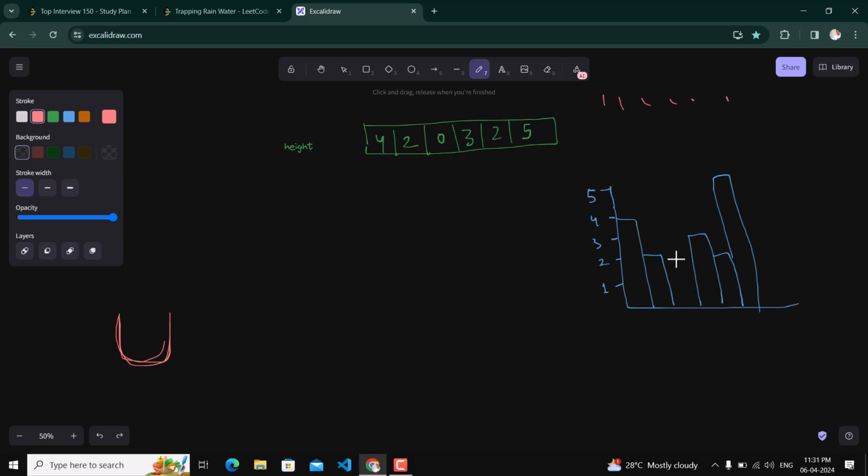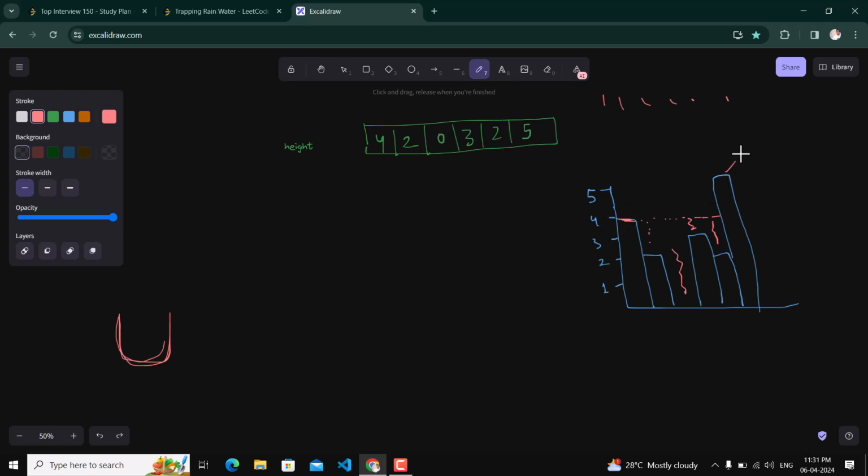So how much water can we have here? Water can be accumulated here, here, here and here also. The maximum height up to which we can accumulate water is 4, because after 4 the water will fall out.